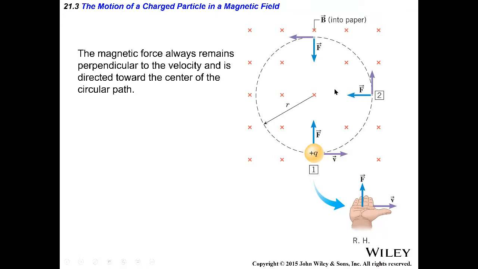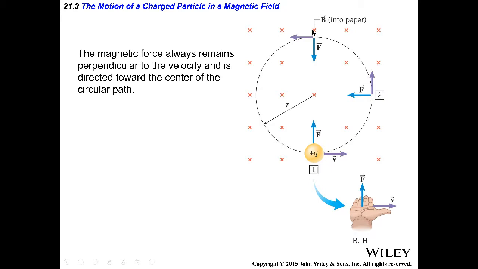It is centripetal. And when it is up at the top, the velocity now is this direction. And now I have to have my thumb downward. Why? Because V is now in this direction, and I want to cross it into B that is into the camera.